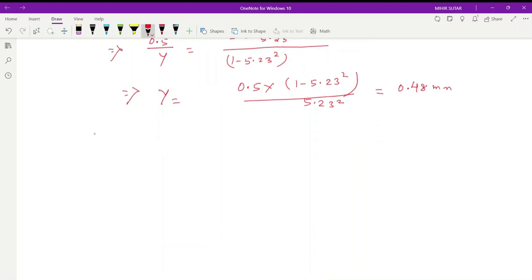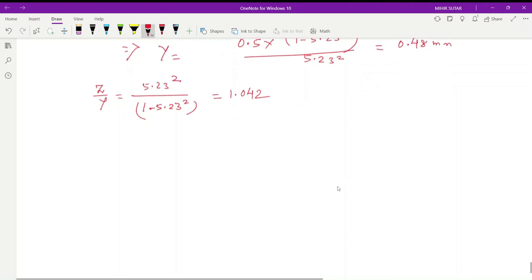Now the ratio Z by Y is 5.23 squared divided by (1 minus 5.23 squared), which is 1.042.